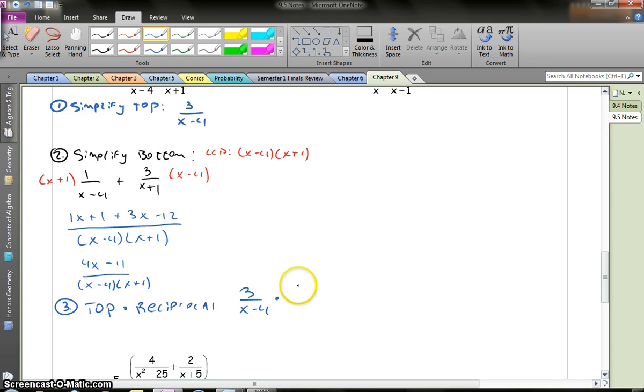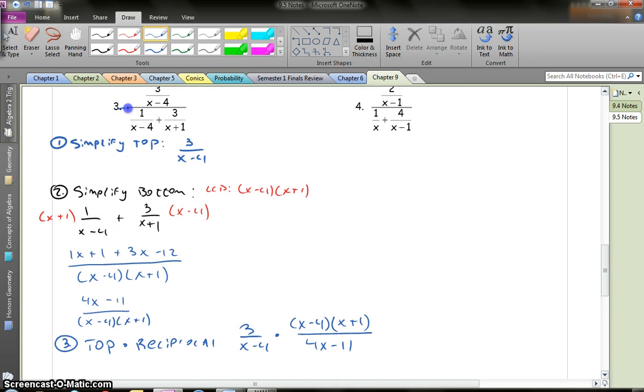So I'm going to flip this fraction, so I get x minus 4 over x plus 1, all over 4x minus 11. Okay, so I kept the numerator the same. That's where that came from. I changed division to multiplication, and then I took the reciprocal of my simplified denominator.